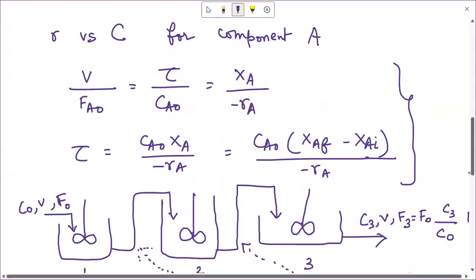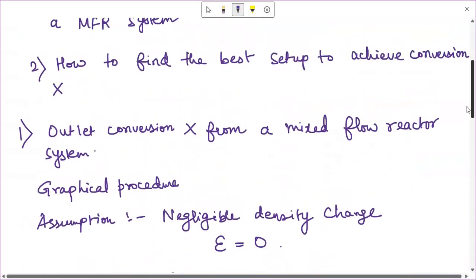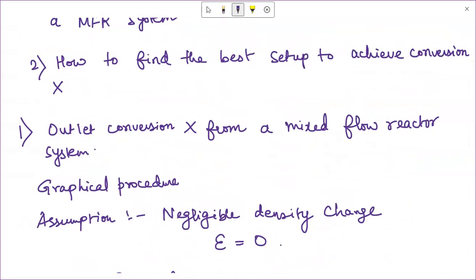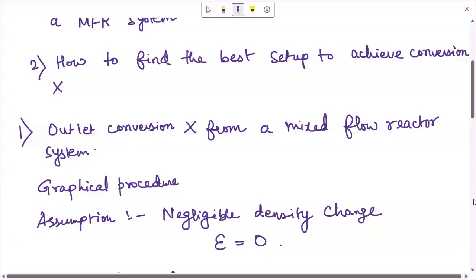That is how you reach the first design question for mixed flow reactors in series when they are of unequal sizes. That is, what is the outlet conversion X from a particular mixed flow reactor in the given system. To take up the next question, I'll meet you in another video. This is it. Thank you.